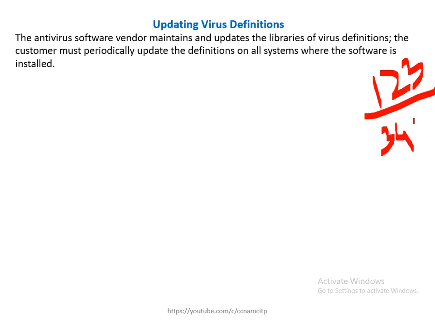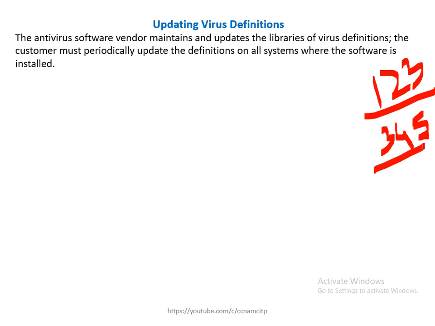So what will happen if this attack comes? My users should be able to deal with this. If I am a vendor, I will always think like this, and I will prepare a couple of patches or security measures. Those should be available to my users. That is known as updating virus definitions.